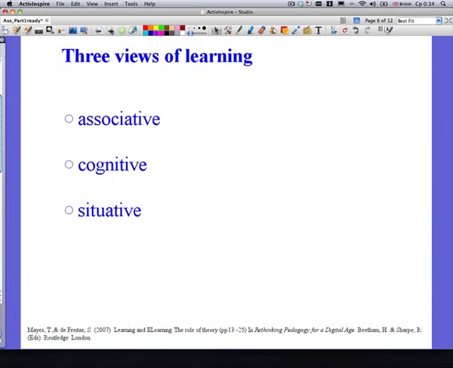Mayes and De Vries have drawn together the main perspectives to view on learning, and they call them associative, cognitive, and situated. And each of these views implies a set of pedagogical approaches. For example, the associationist perspective emphasizes behavioral change, expressed through goals, progressive sequences, and accurate reproduction or performance, like drills.